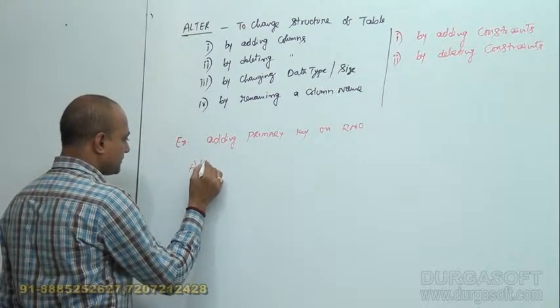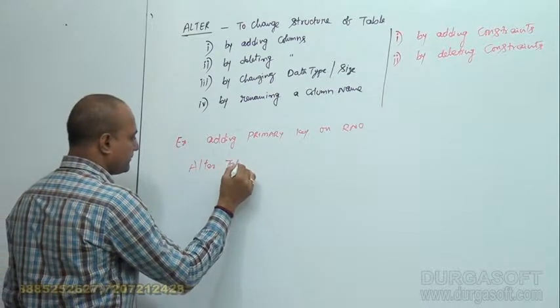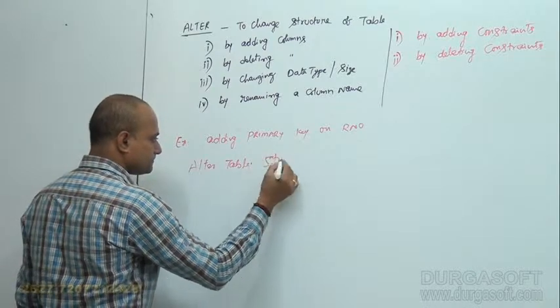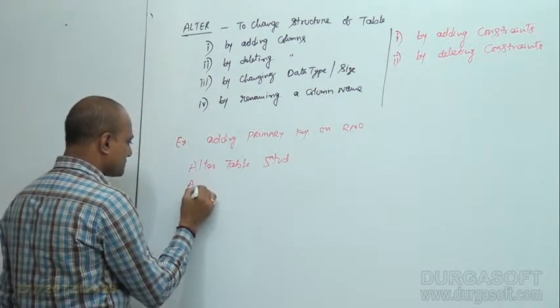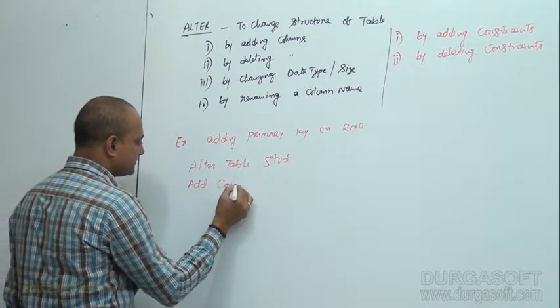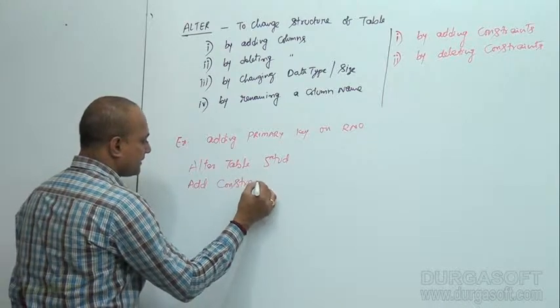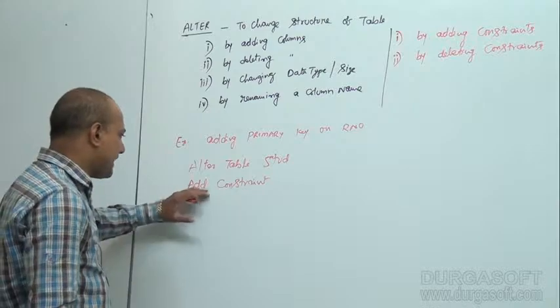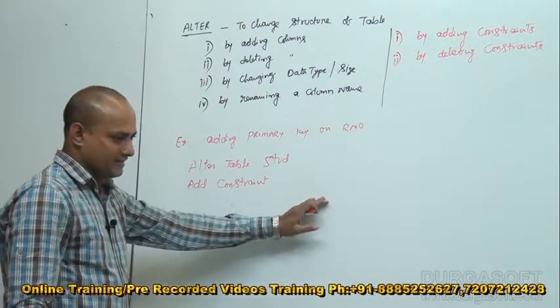See, alter table. What is the table name? Stud. And use the keyword add constraint. Generally, to add a column we use add, then column name, data type, size.